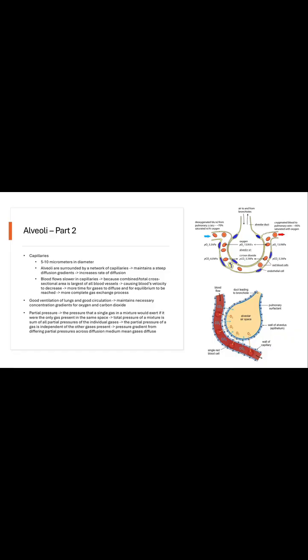And again, this decreases the diffusion distance, since the red blood cells are so close to the endothelium, which is the lining of the capillaries, and they are made of squamous epithelium the same way the alveoli are.